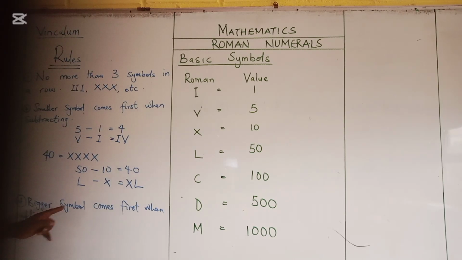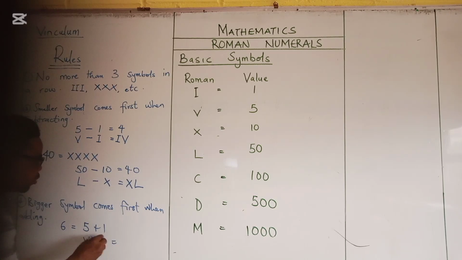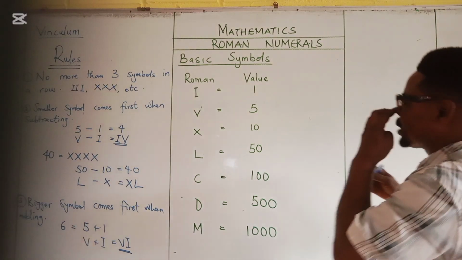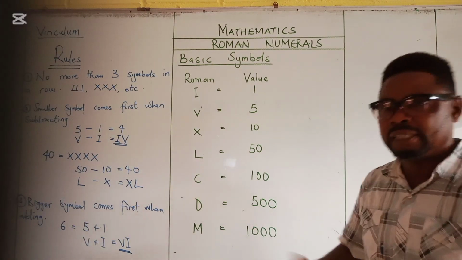Okay, I want to get my 6 now. I can say 6 is equal to 5 plus 1. And 5 is V, plus I. That gives me VI. So there's a difference between VI and IV. Is that understood? That is just the 3 laws you need to know in Roman. Let us see some numbers now.